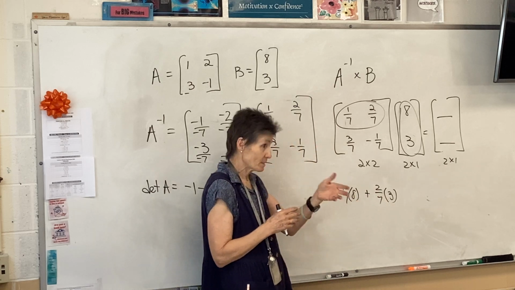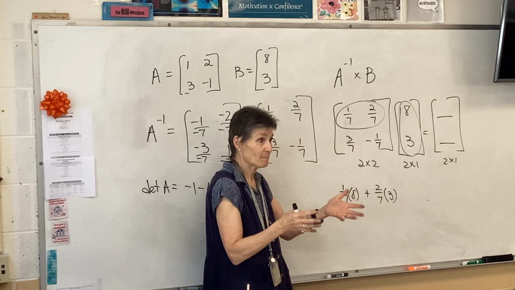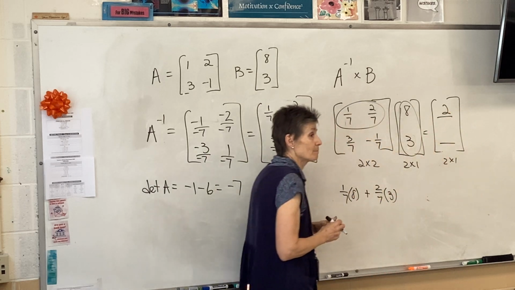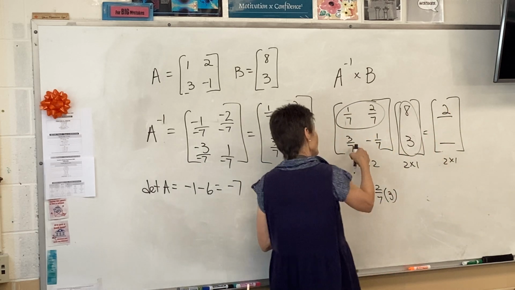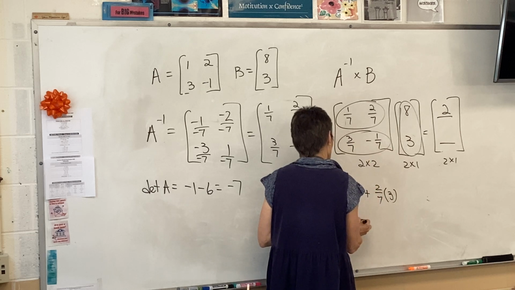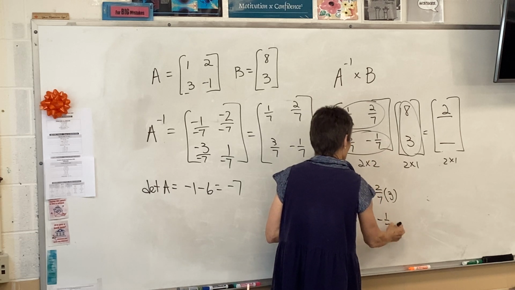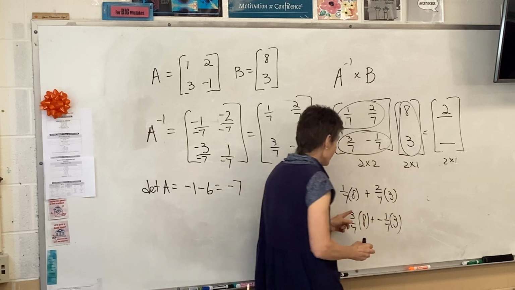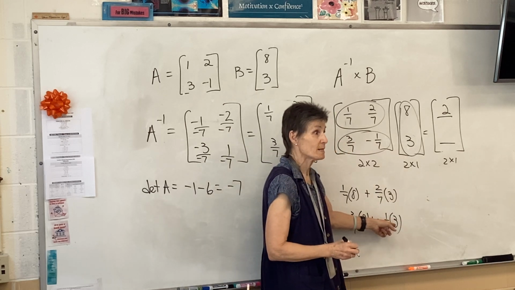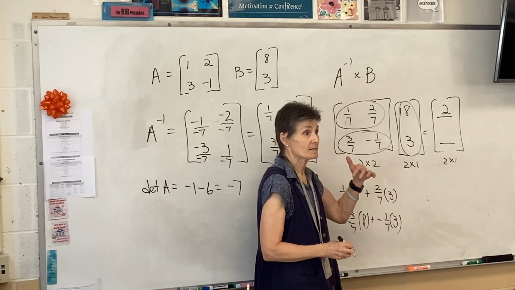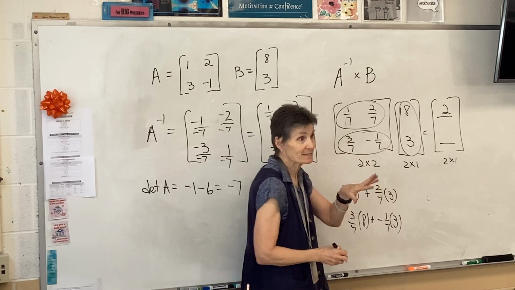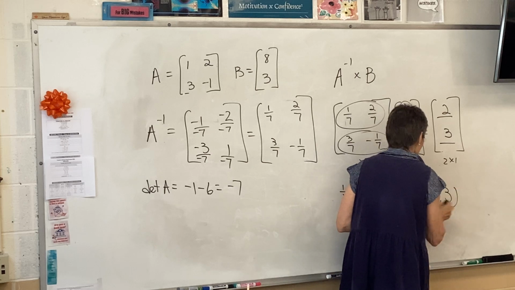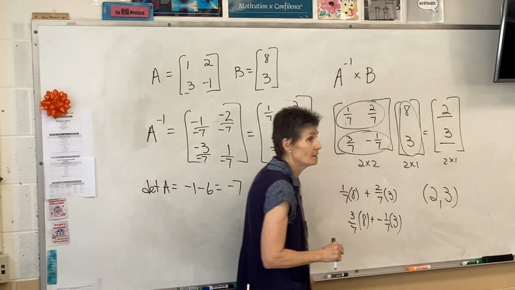That makes 14, divided by 7 is 2. Then you do row 2, times 8, 3. That's 24 minus 3, which is 21, divided by 7 is 3. So the answer to the problem is 2, 3.